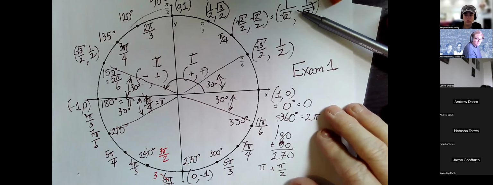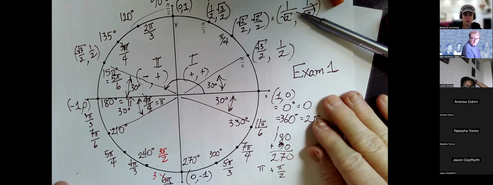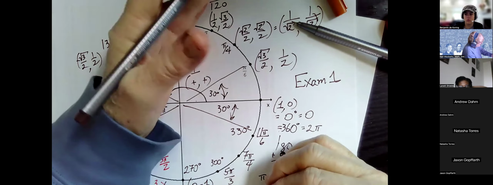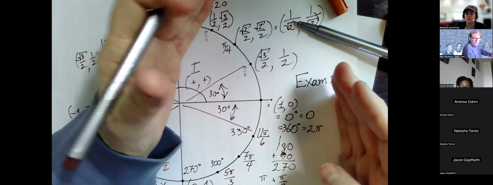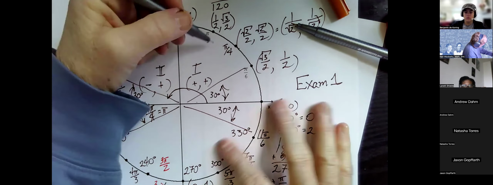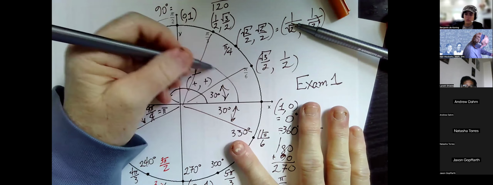So you don't have to remember lots of things. The 60-degree angles, the pi over 3 angles, you can think of them as 60 degrees from the x-axis or 30 from the y. They all are the same.